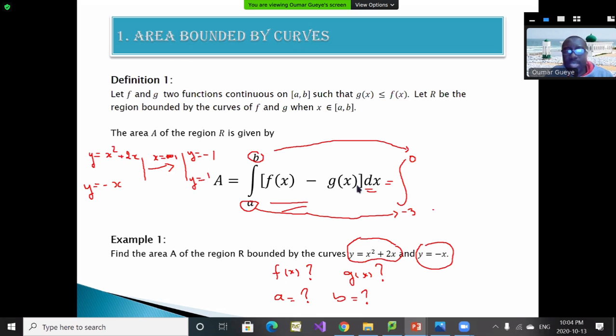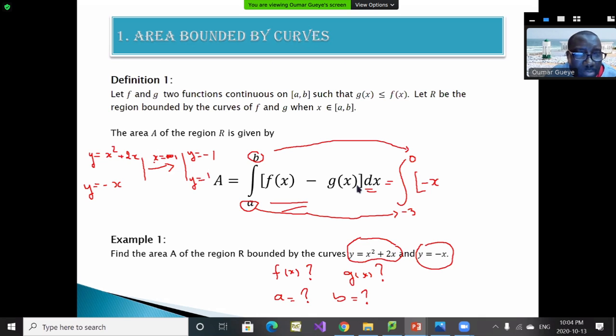So the integral becomes now minus x. I repeat again why I took minus x instead of this parabola: because I picked a number between -3 and 0, and I substituted in the two equations. And as I told you, the greater function returns you the greater value.